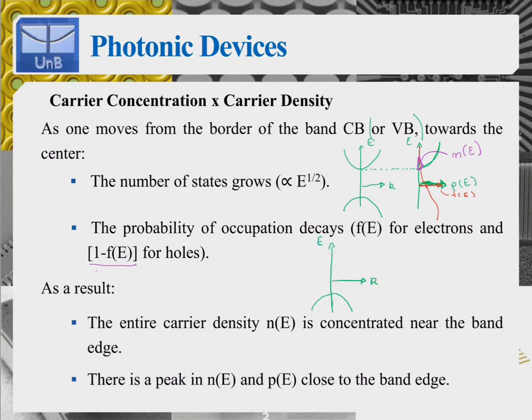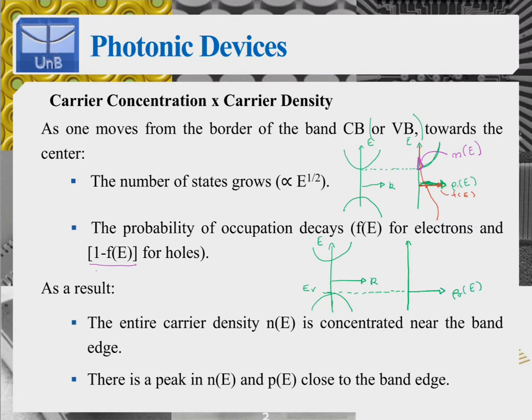Okay, so for valence band energies, you have the EV, the band edge right here. And if we again draw the density of states, okay, so let's draw rho of E for the valence band now.